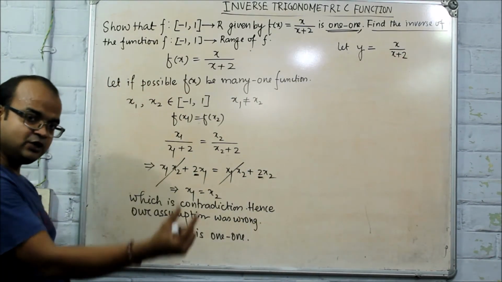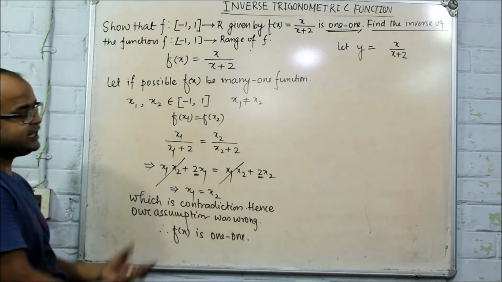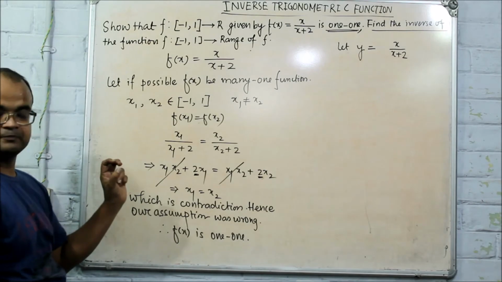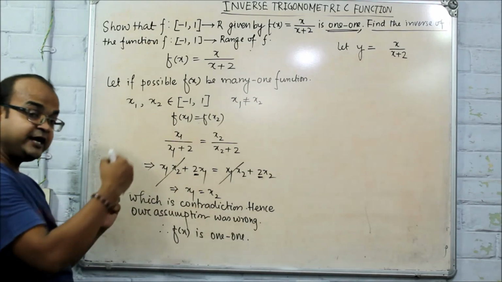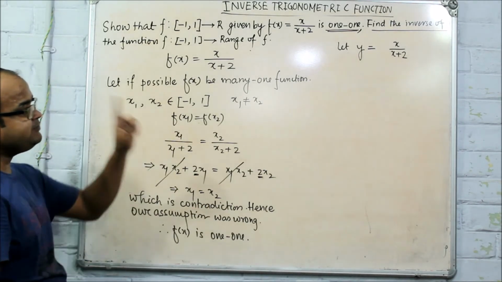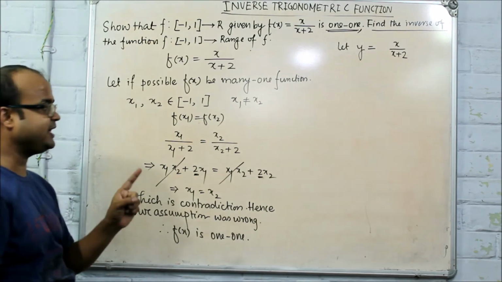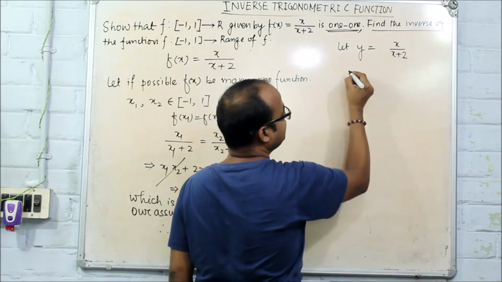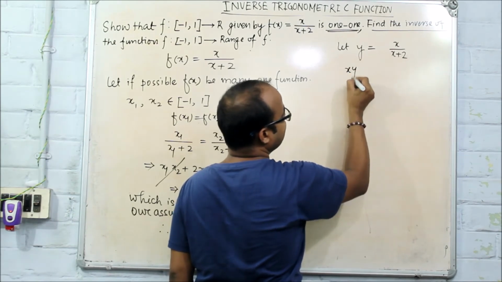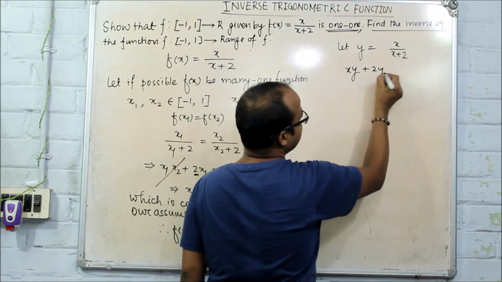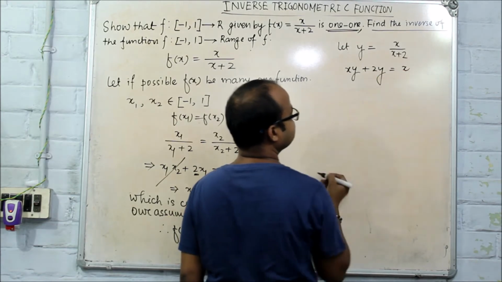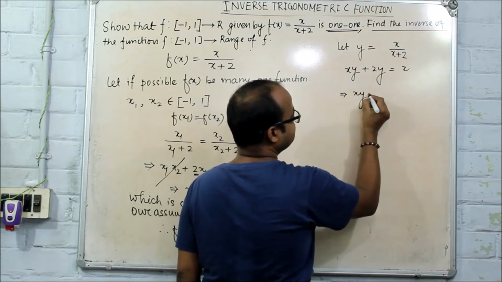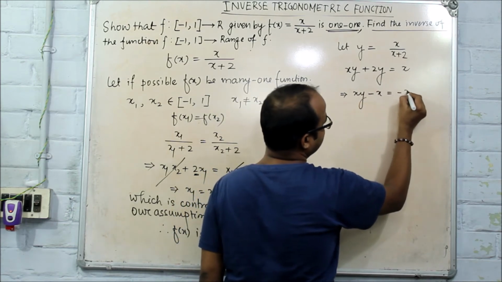That means there is an output value, a point or an element we are taking from the codomain, and we are trying to find out the pre-image of y, that is the value of x. So from here we find the value of x. If you cross multiply, we will get xy plus 2y is equal to x. Now bring this x here. So xy minus x is equal to minus 2y.